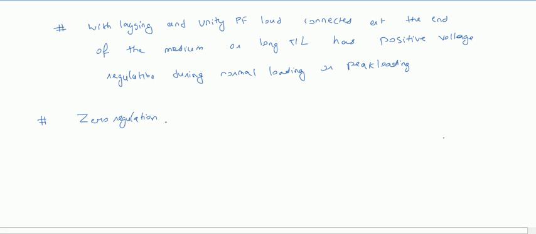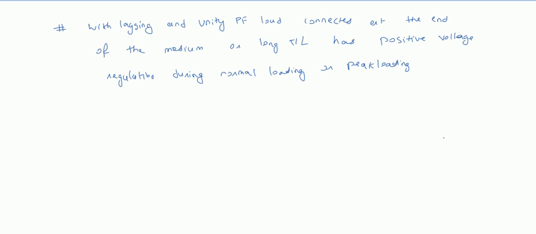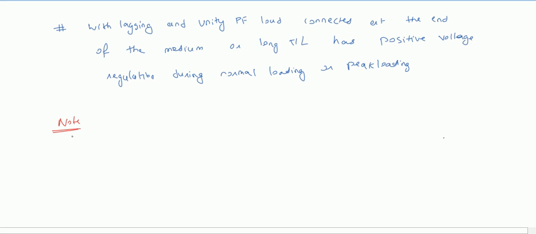Okay, now we have found the conditions for zero regulation and for maximum regulation. For maximum regulation, what was the power factor angle required? It was tan inverse XL by R, right?